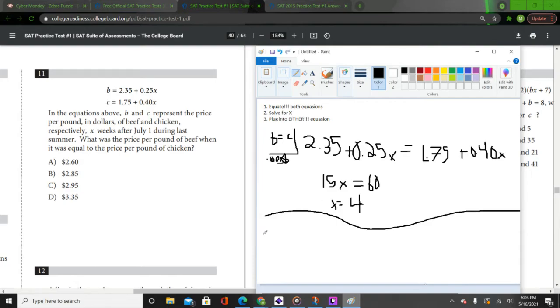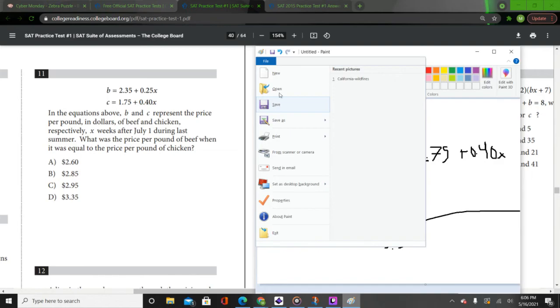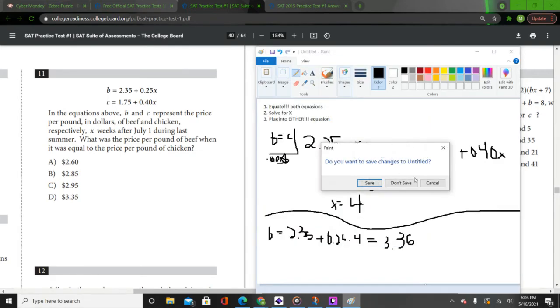Instead, b is equal to 2.35 plus 0.25 times 4, which is equal to 3.35. And that's our answer. Choice D, 3.35. And isn't that lovely? It just works out rather seamlessly.